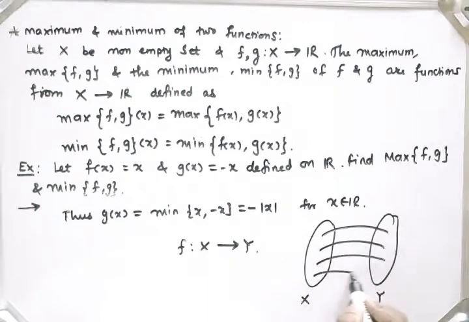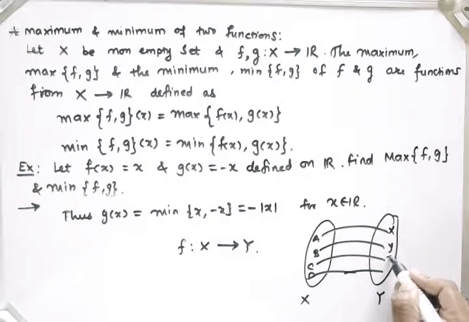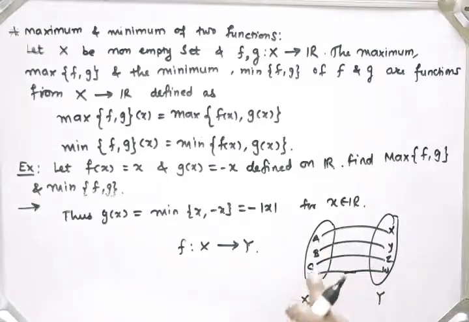So suppose this is a b c d and this is x y z w, distinct elements in set x have distinct images in set y. So we say that function f from x to y is one-one.